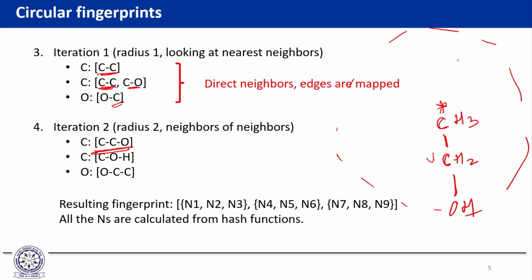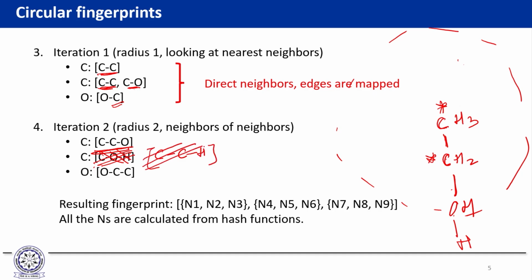If I take this as the reference atom, it is going to be connected to a CO, and then unless you write the hydrogen, you won't actually have anything over here. So depending on how you want to do it, you can either write the hydrogen or eliminate it. If you are writing the hydrogen, then in addition to this path, one should also have this CCH type of path.